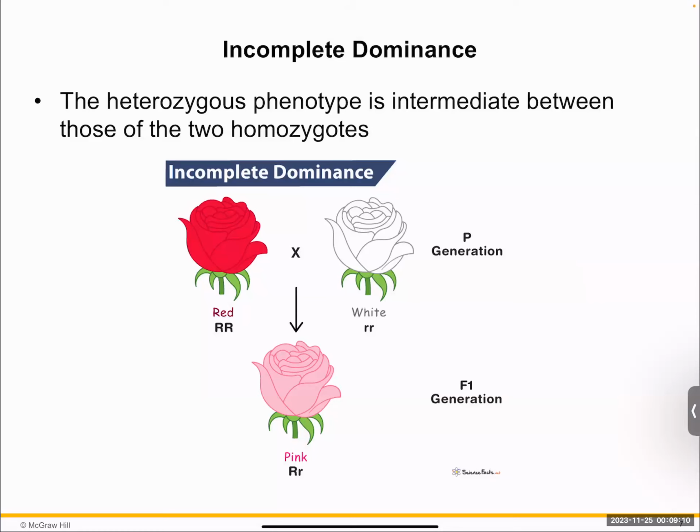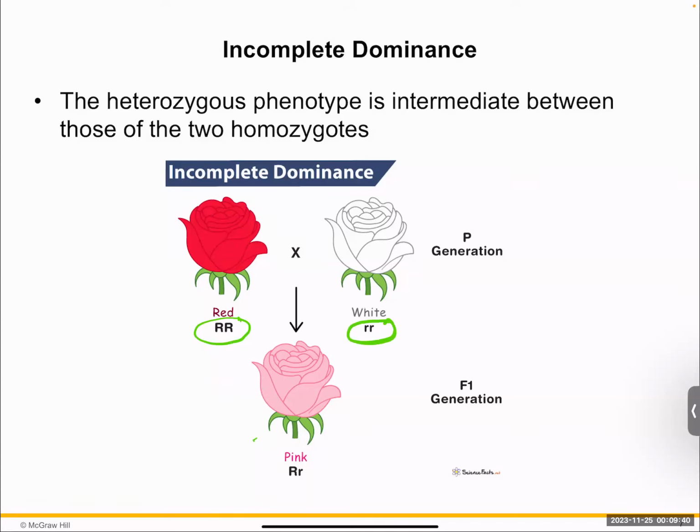Now, the concept of incomplete dominance. If you put your mind into it, you can use the terminology to define it. As the word incomplete implies, this is where a heterozygous phenotype is displayed, and because it's incomplete, you have neither the characteristic of the homozygous dominant nor the homozygous recessive.